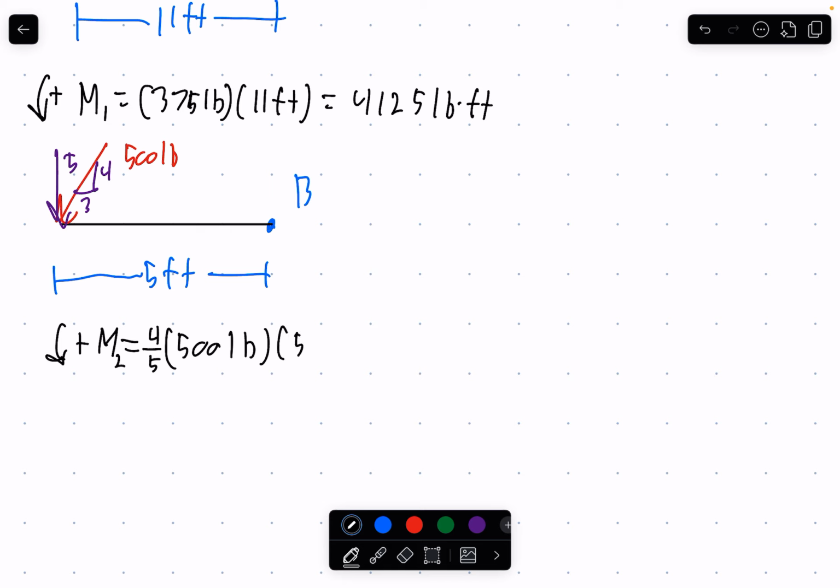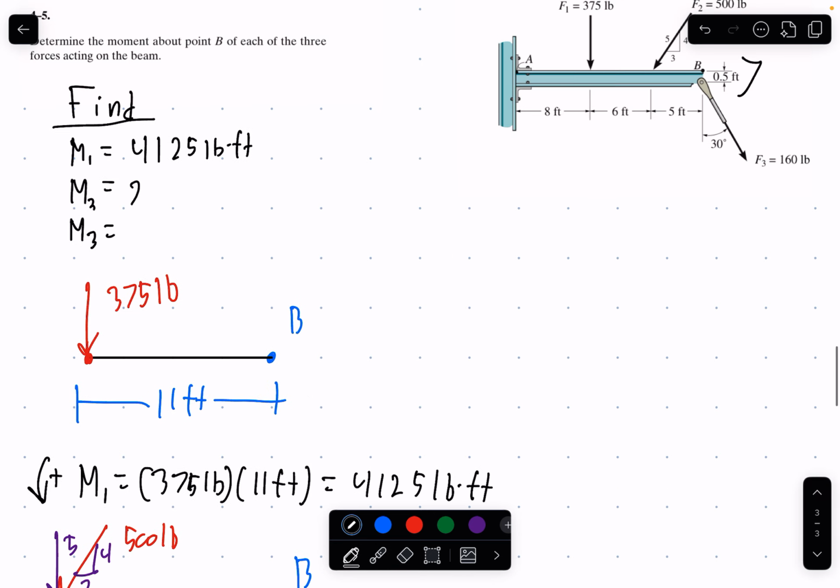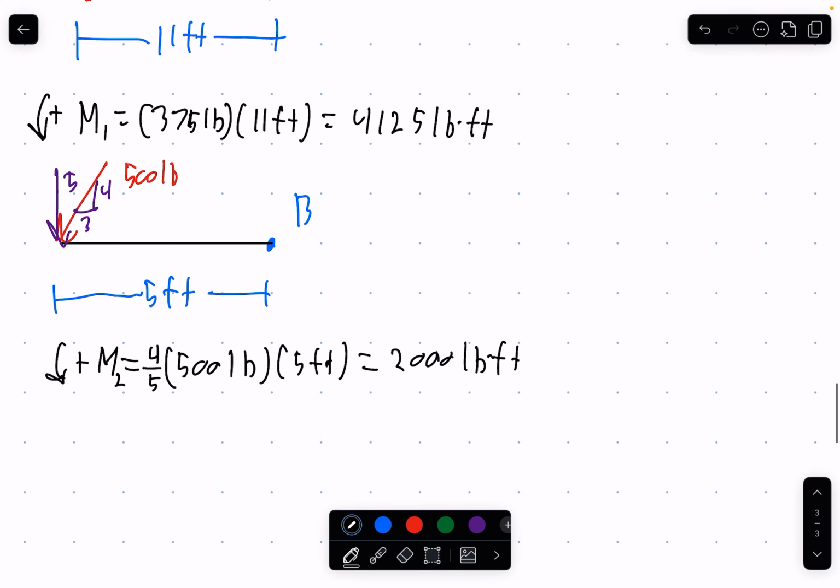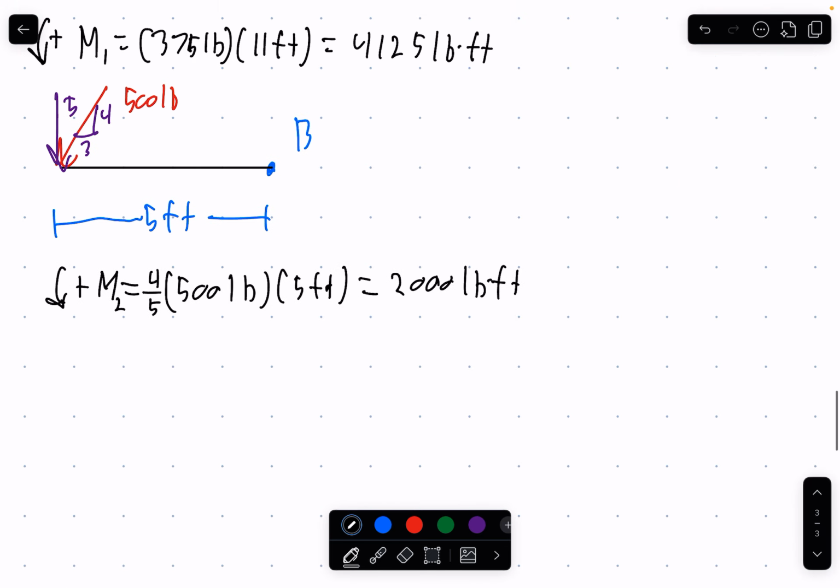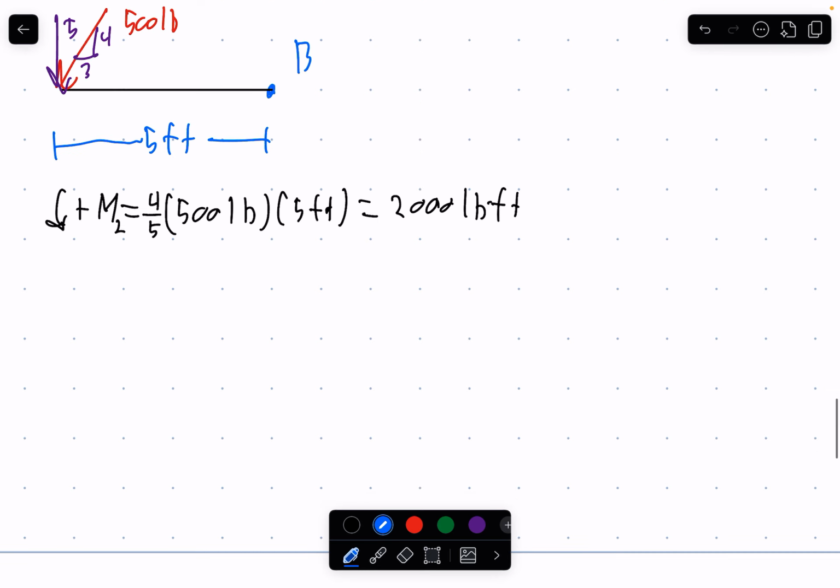This will be applied at 5 feet from point B. We should find that it's equal to 2,000 pound-feet of torque.